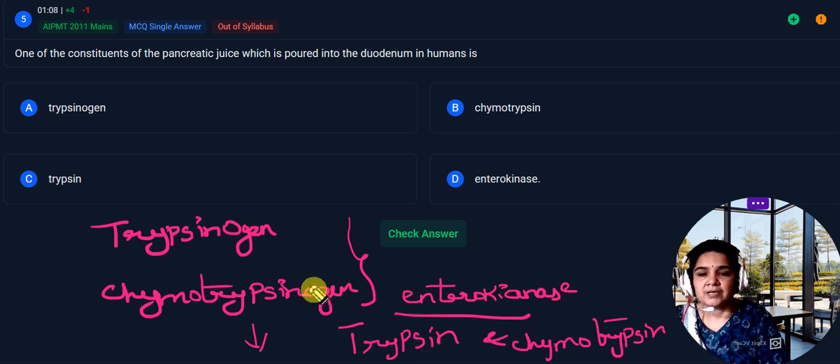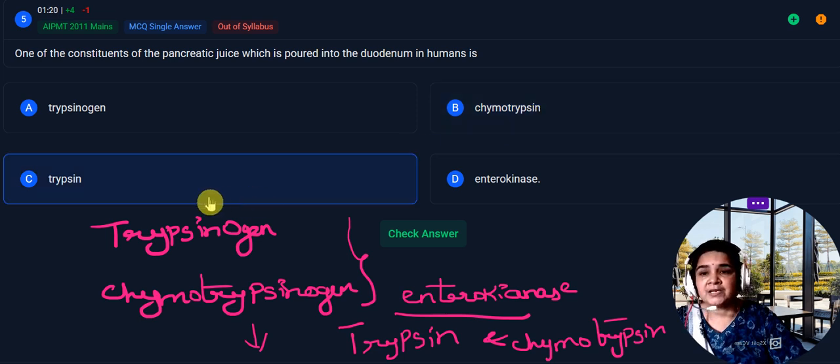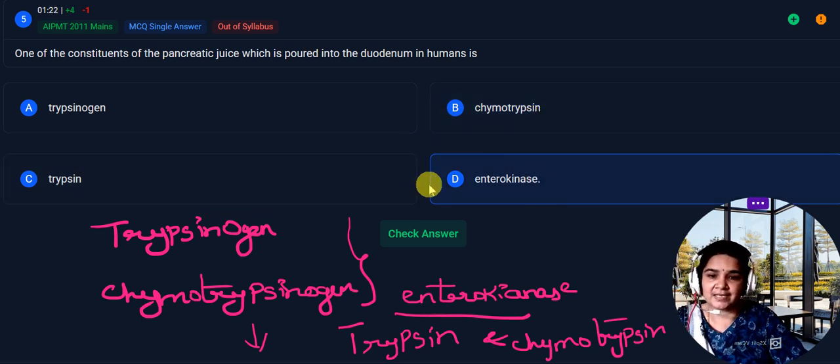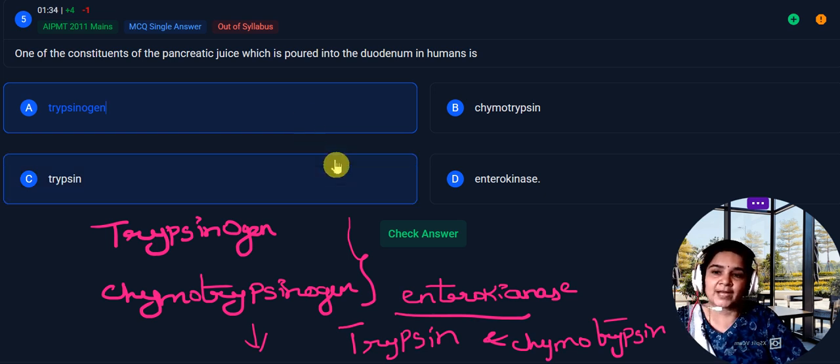Okay. So what is the question according to them? What is the constituent which is liberated by the pancreatic juice? It is trypsinogen, or chymotrypsin, or trypsin, or enterokinase. So it is trypsinogen. Okay. After the liberation of trypsinogen and chymotrypsinogen, only then they will be converted into active trypsin and chymotrypsin by enterokinase.